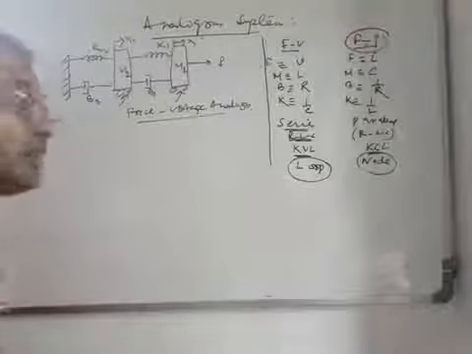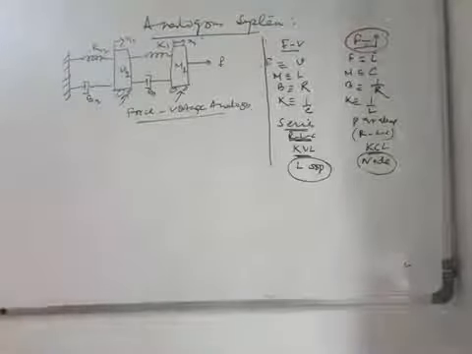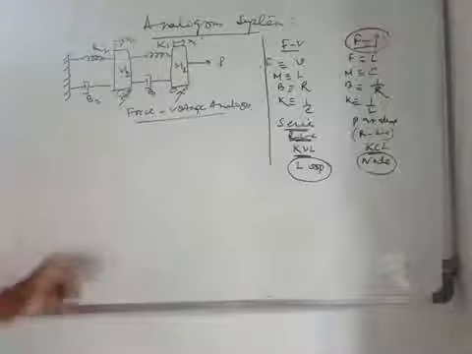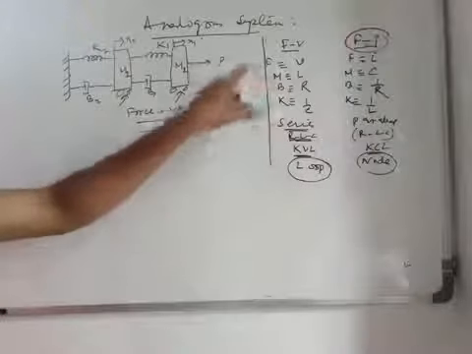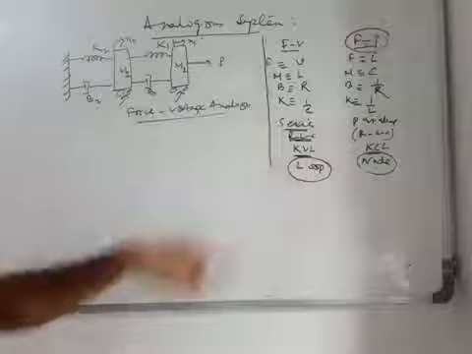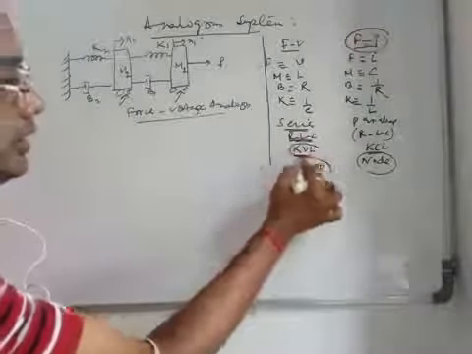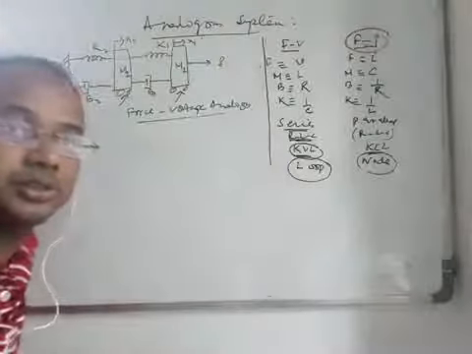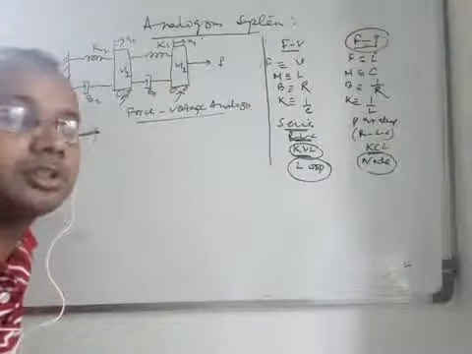So here, for the same system, we will develop the force voltage analogy. In the force voltage analogy for the electrical circuit, we considered the series RLC circuit. For the series RLC circuit, we used KVL, Kirchhoff's voltage law, and once KVL is used, that means you have to consider the loops.